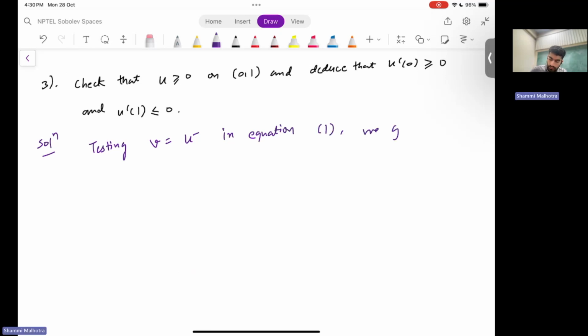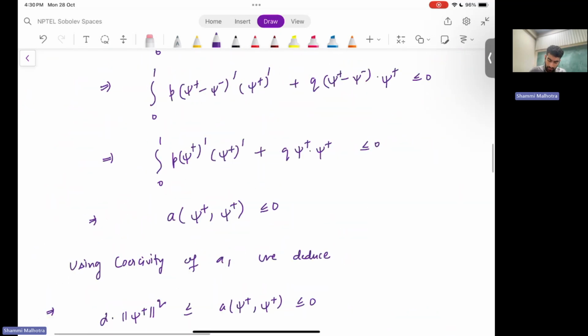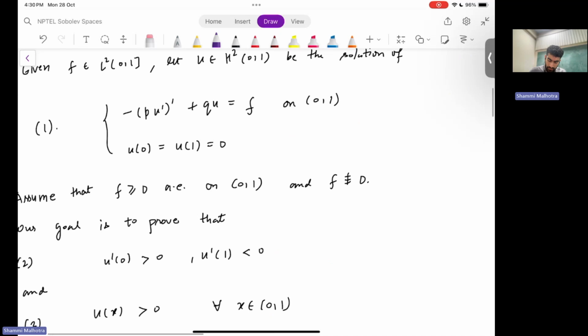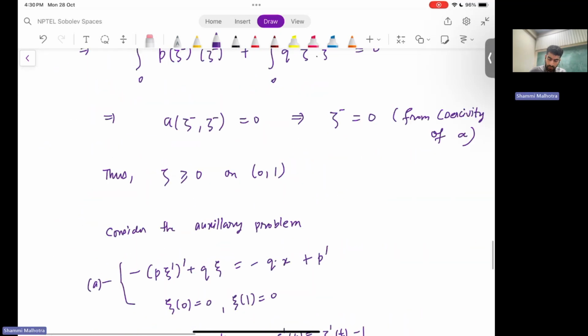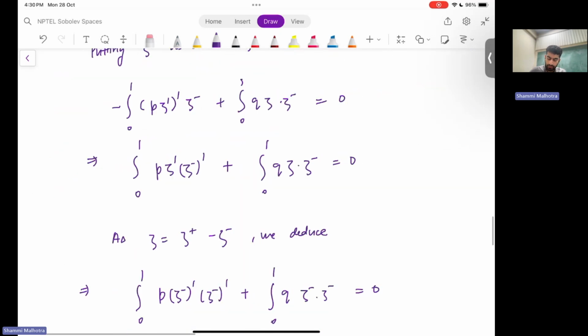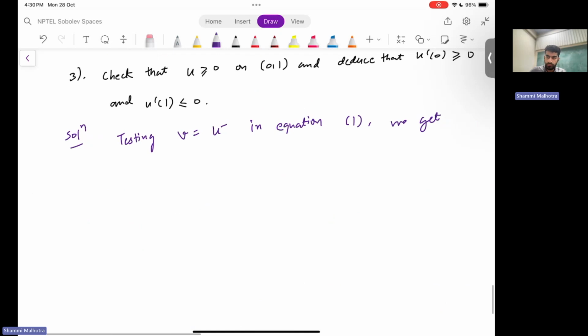Equation 1 was the first equation you considered. So we will substitute u minus as a test function, and since u is 0 on the boundary, u minus will again be 0 on the boundary.